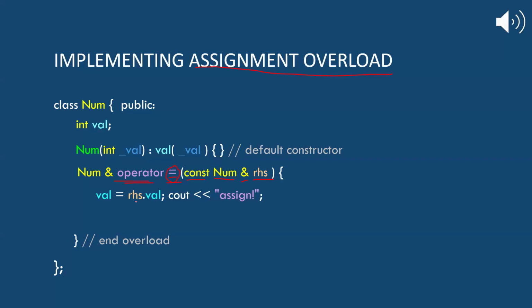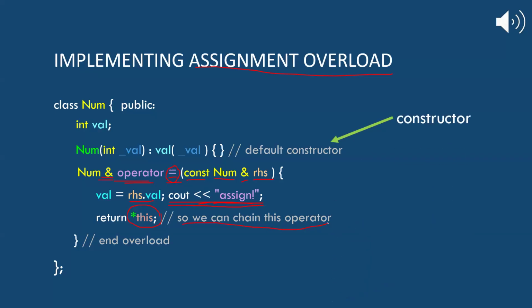Let's say I'm just going to steal its value and print out a little message so we know that we triggered this assignment operator rather than something else. And then maybe I will return the instance of this as a reference so that we can chain things together, and we'll show you what we mean by that. So we have a constructor and an assignment overload.